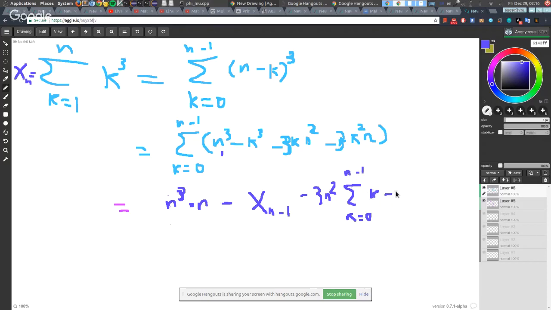And then we have minus 3n times the sum of k squared from 0 to n minus 1. So this is basically Xn.